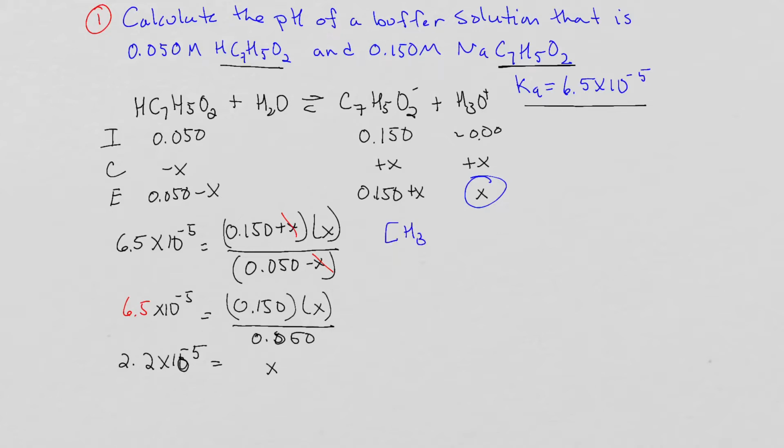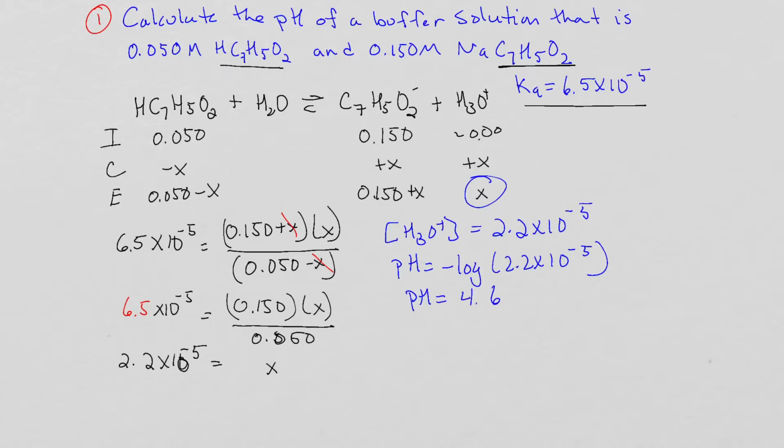So the hydronium ion concentration here is equal to 2.2 times 10 to the minus fifth. And that means the pH is going to be the negative log of 2.2 times 10 to the minus fifth. And so the pH equals 4.66.